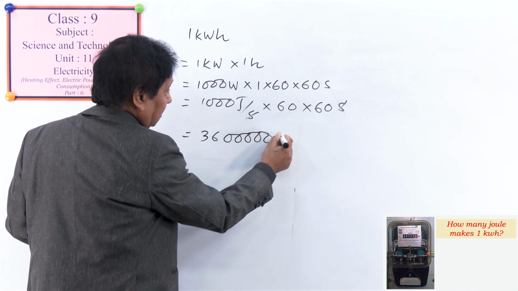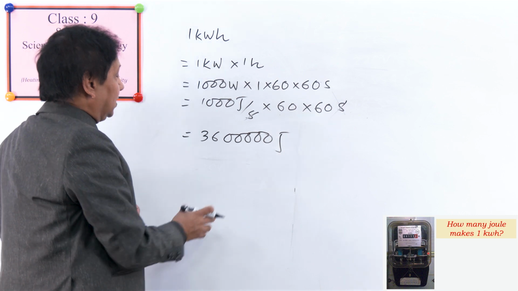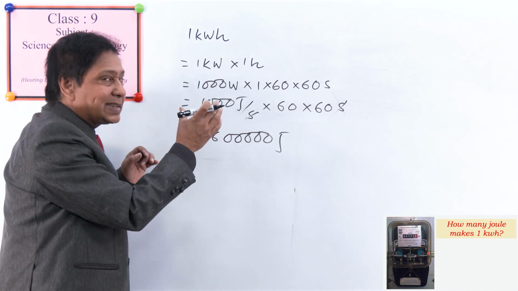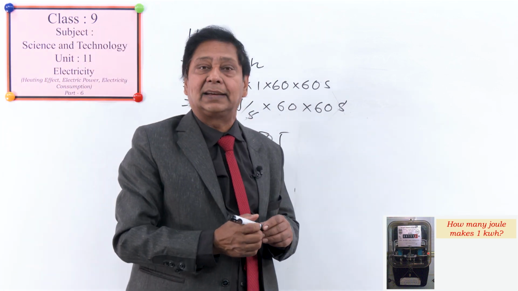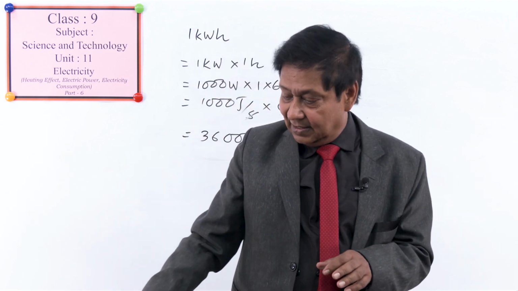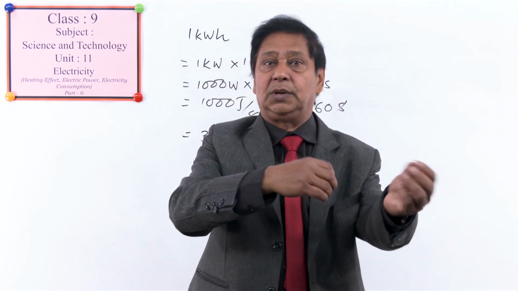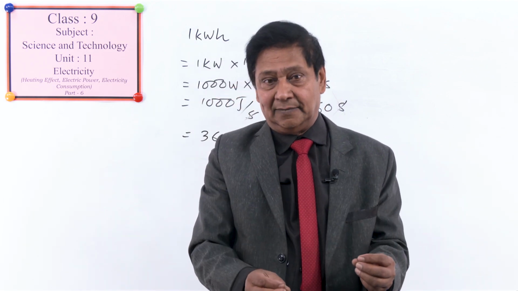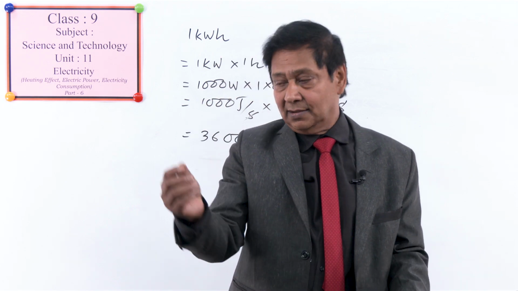What it means? This 1 kilowatt hour is equivalent to 36 lakh joule electrical energy. This is the understanding of the relation between kWh and joule.